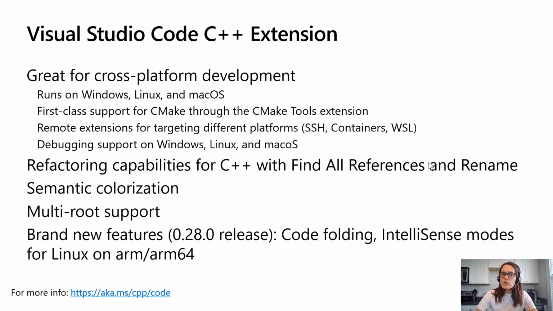There has been a lot of new work on the C++ extension over the past year, and some highlights include refactoring capabilities like find all refs and rename, multi-root support for both the C++ extension and the CMake Tools extension, as well as some brand new features like code folding and IntelliSense modes for Linux on ARM or ARM64.